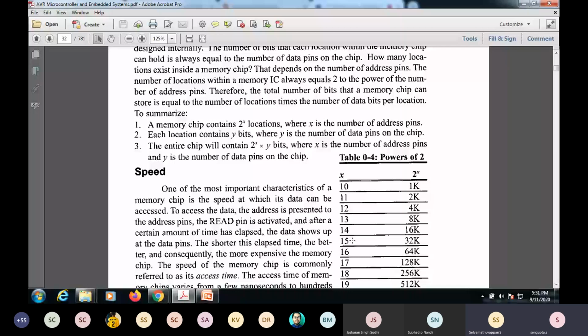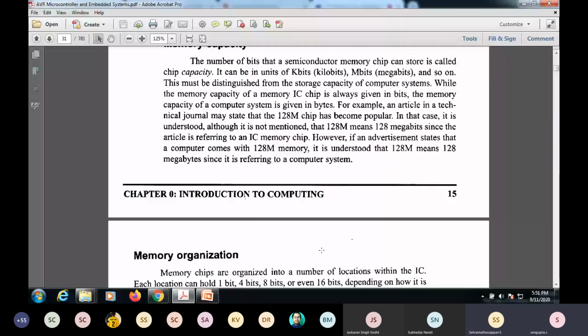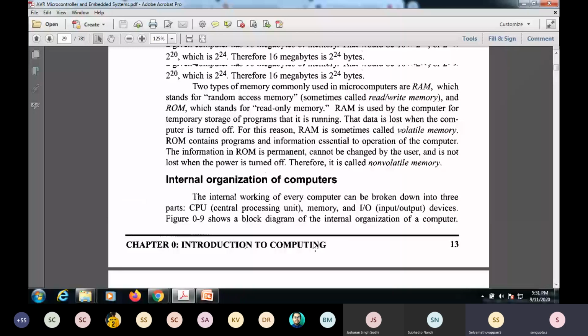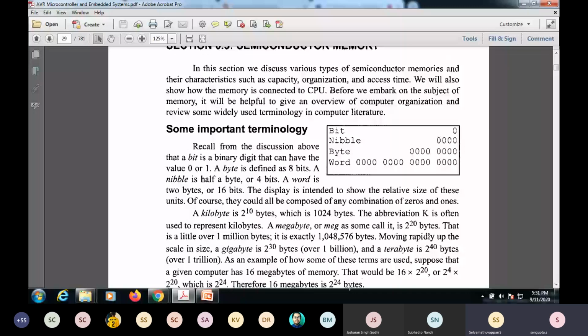Some of them will keep the higher values in the lower memory and the lower bytes in the higher memory, where lower memory and higher memory mean the number denoting the address. So different processors have different things.